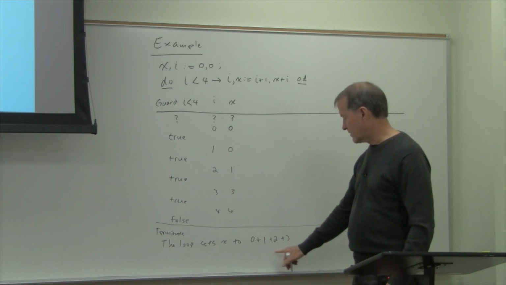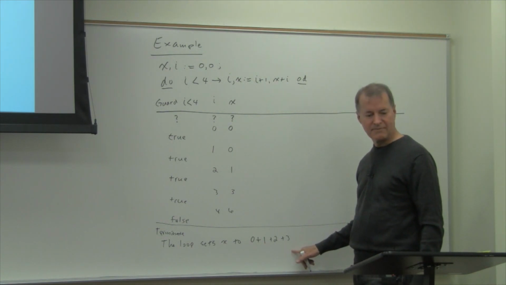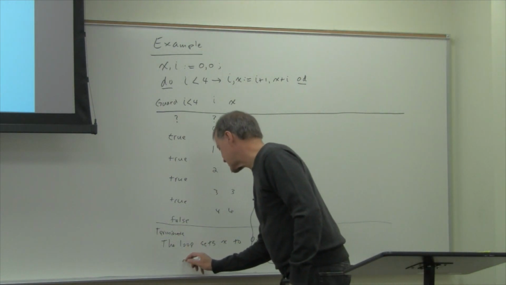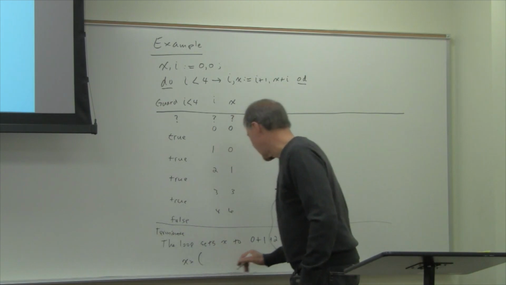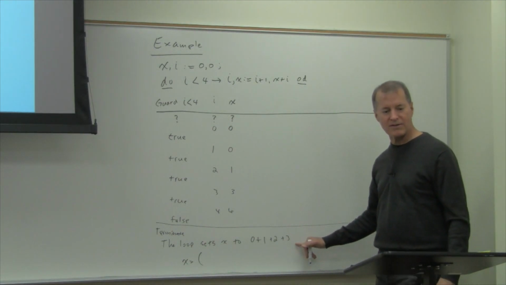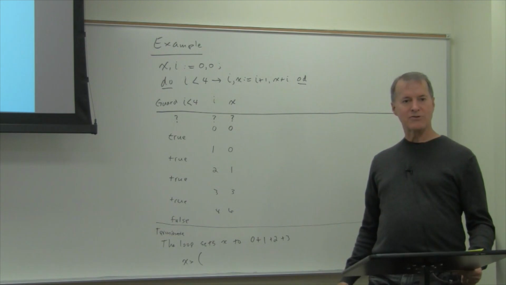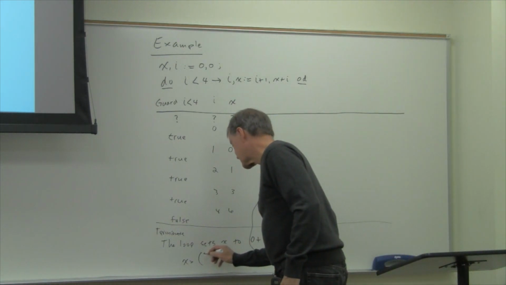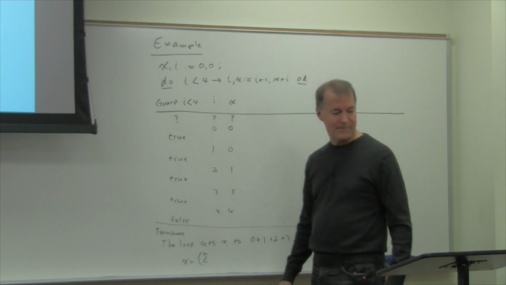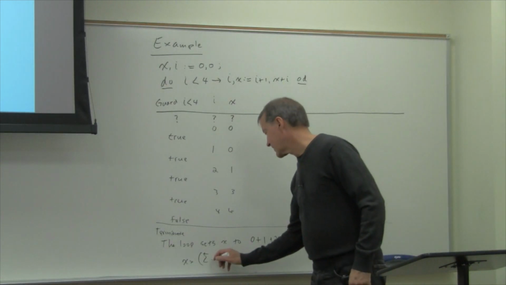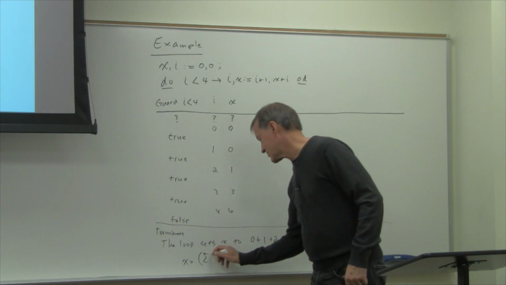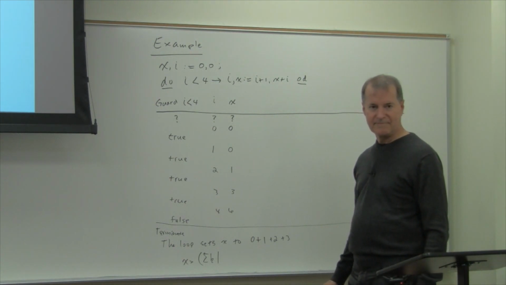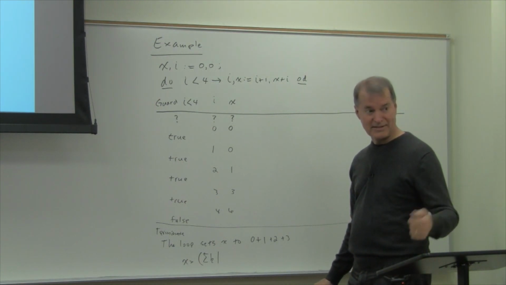Now tell me, how would you quantify this? In other words, what it does, it sets x equal to what? How would you write this as a quantified expression? Yeah, sum. Now, sum over what? Some dummy variable, right? So let's call it k. Now, range what? 0 to 3.